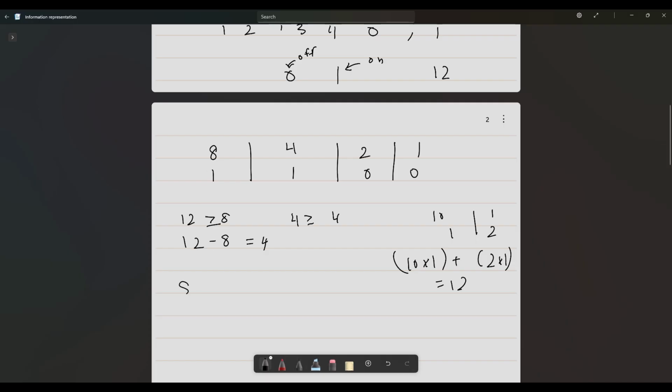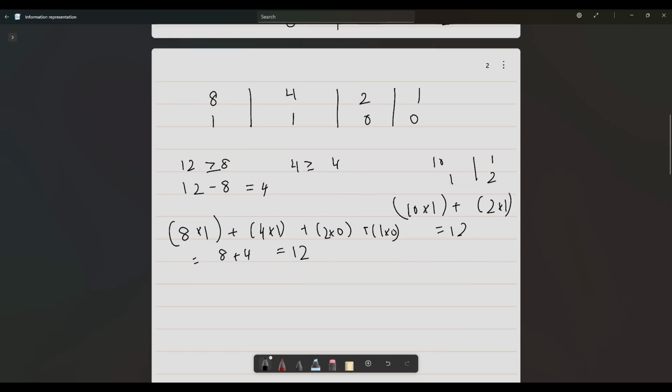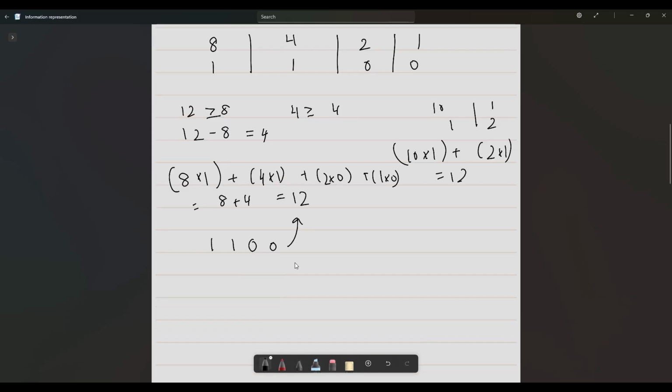So you do 8 into 1, where that 1 is the on switch, meaning it represents a value, plus 4 into 1, plus 2 into 0, which is 0, plus 1 into 0, which is also 0. So you get 8 plus 4, which is indeed 12. Wow, it works, right? So 12, the denary number, in the binary 4-bit system is represented as 1, 1, 0, 0. This is 12 in the binary form.